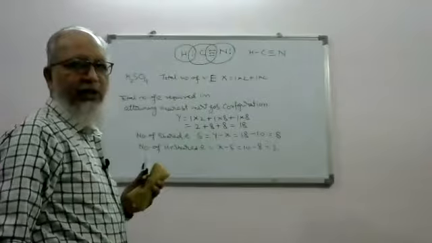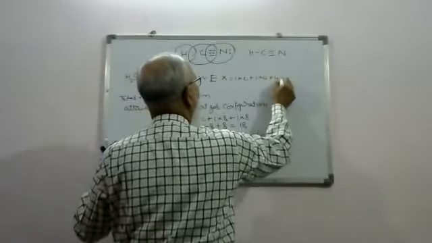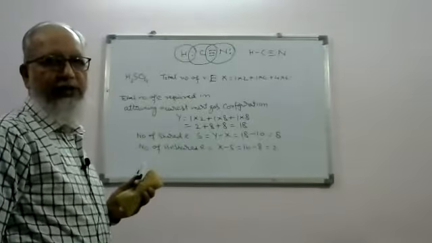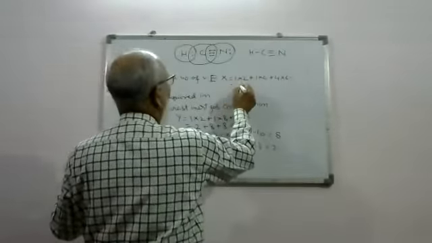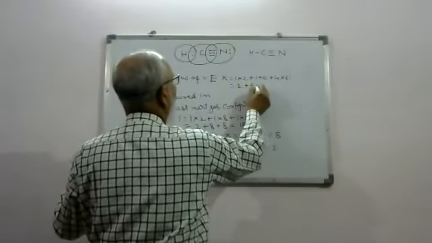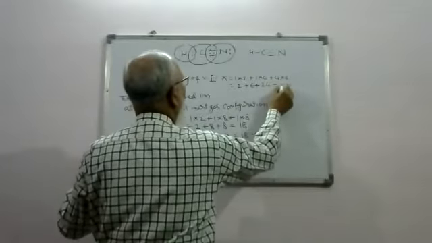Sulfur has got 6 valence electrons, plus 4 into 6. Each oxygen atom has got 6 valence electrons. So this will become equal to 2 plus 6 plus 24. This is equal to 32.